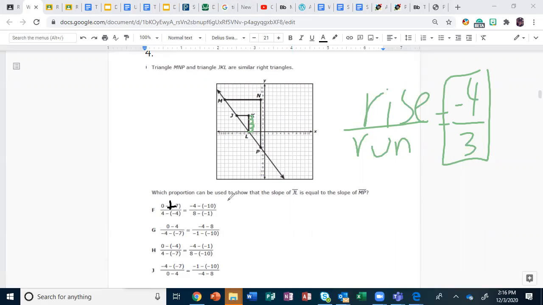So that will be 0 plus 7, and it will give me 7 over something. 7 over 4. What is, again, 2 negatives in the middle? That tells me to what? Add. So what is 4 plus 4? 8. Now, is this the same as that? No.